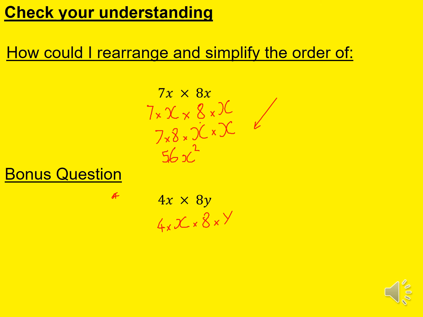We put the numbers together, so 4 times 8, and then times x times y. 4 times 8 is 32, and x times y we just write as xy. Because we don't know x or y, we can't do anything more with it than that, so we just leave it as 32xy.